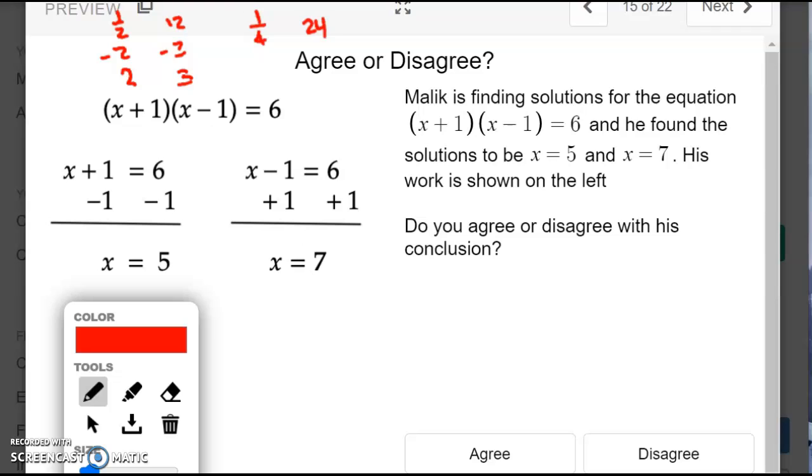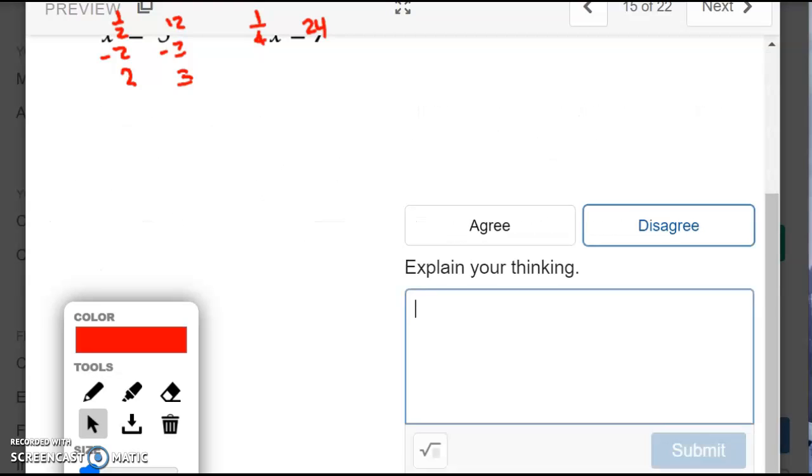There are infinite numbers, and there are positive and negative versions of it that will multiply to 6. So we cannot use this. You need to always set it to 0. So I would disagree. And you have to explain your reason.